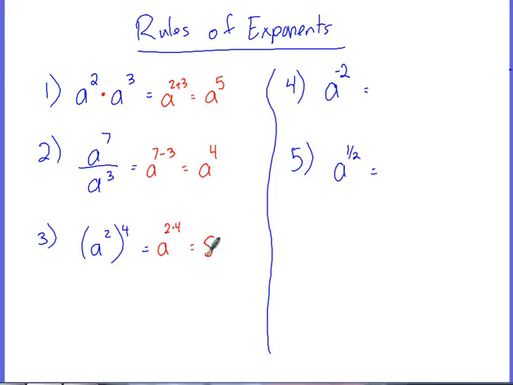Which becomes a to the 8th power. Okay? So the rule is when you have a base with an exponent already, raised to another exponent, you just multiply the exponents, and you can combine them into one base. Those are not new, correct? Everybody remembers those?